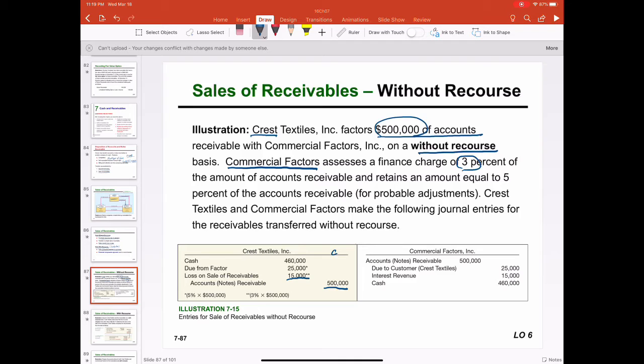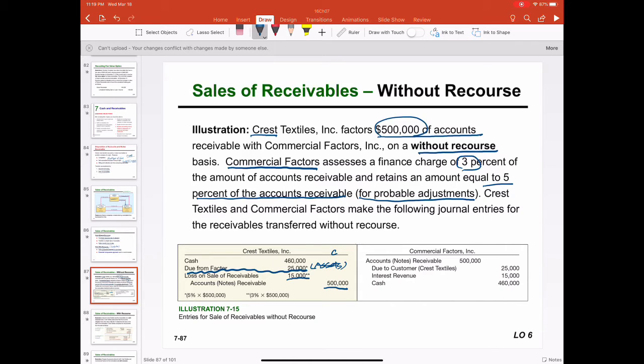And there is a 5% probable adjustment on accounts receivable. We record it as due from factor. For the seller of receivables, this is an asset. Why did we create one more account here?